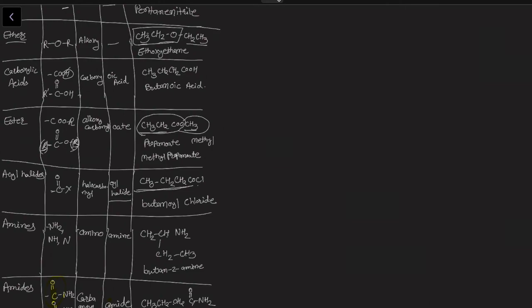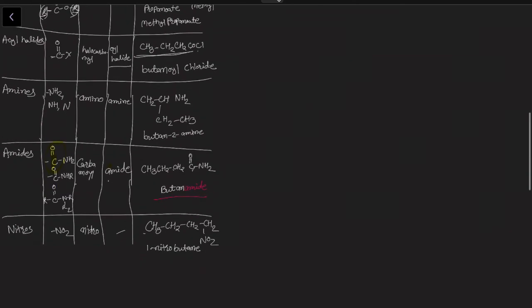Then acyl halide, which is C double bond O, and then that carbon is bonded with a halogen as well, and it has a suffix oyl halide and prefix halocarbonyl. The example of the name I gave is butynyl chloride. The next group we learned is amines, which is NH2.